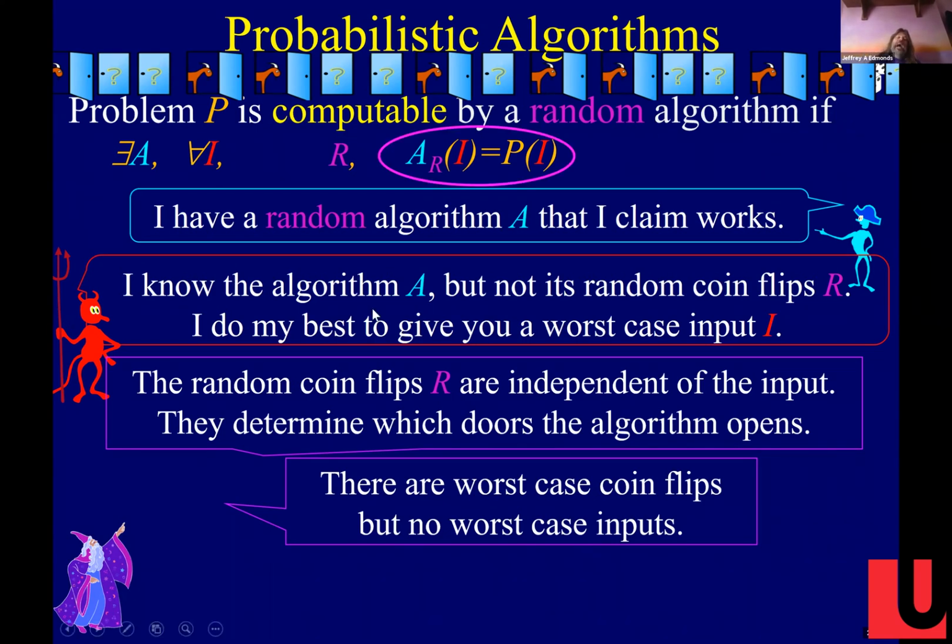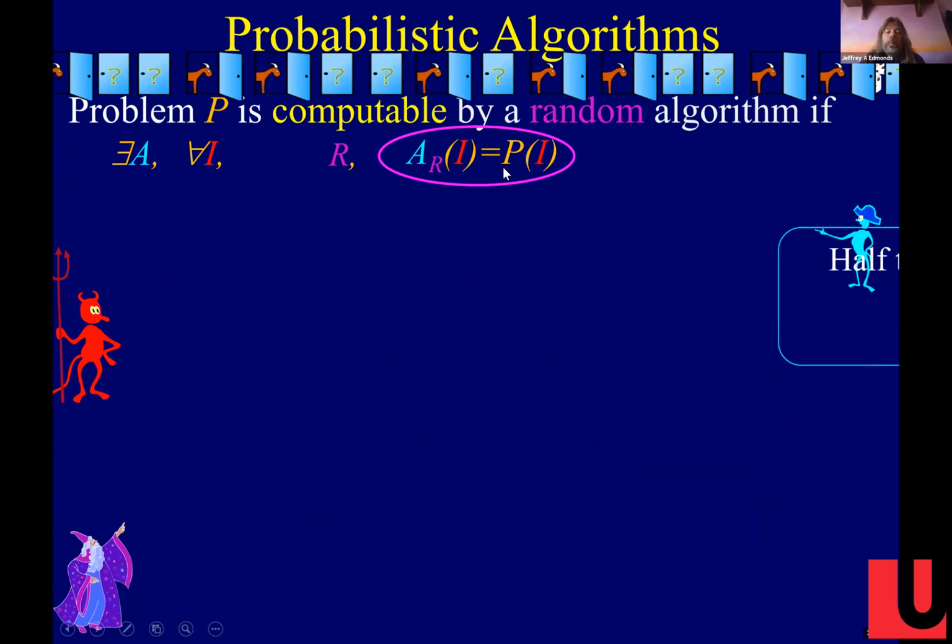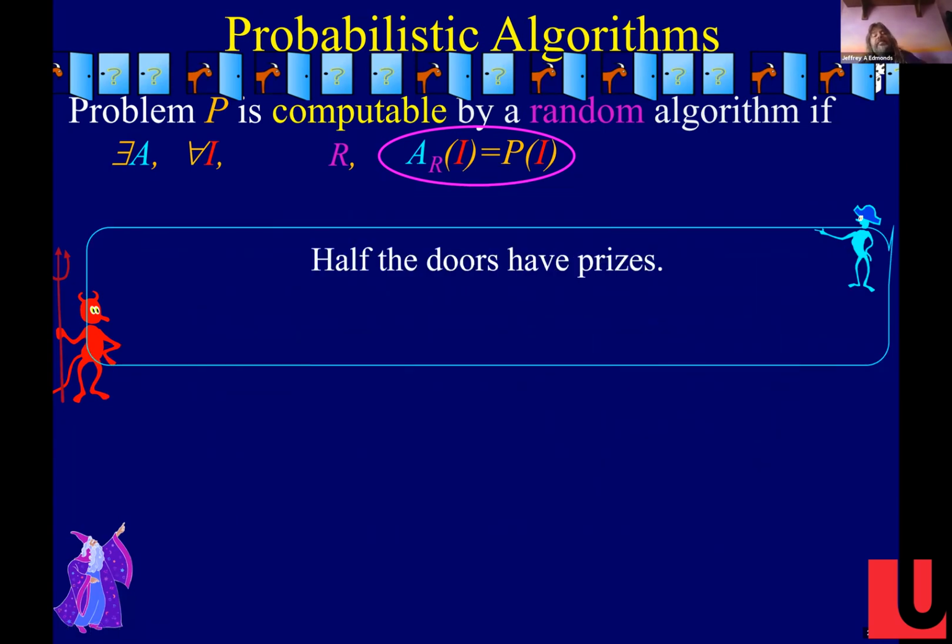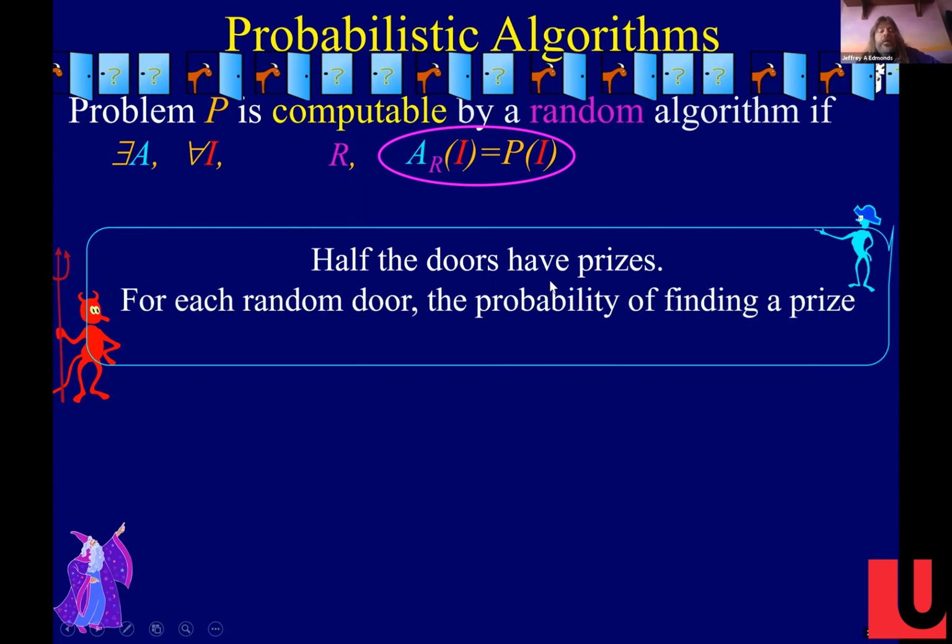All right. So then after we get the coin flips, we ask, did we find a goat or did we find a prize or not? Let's analyze how the probability works. Half the doors have prizes, so if you look behind a random door, the probability of finding a prize is a half.